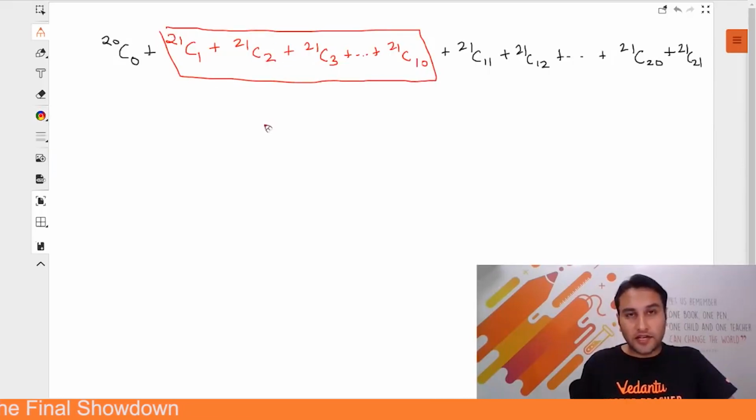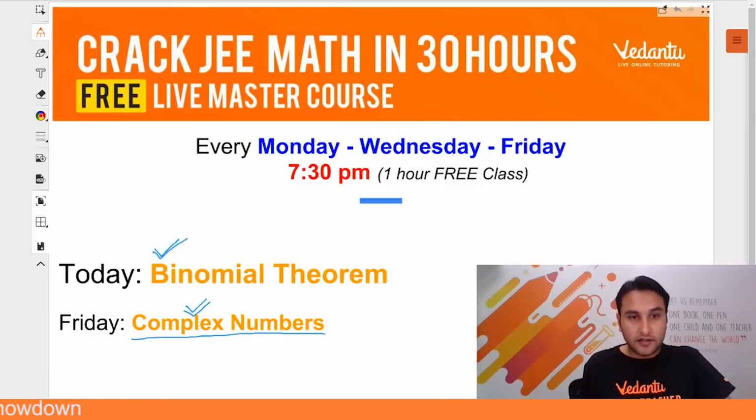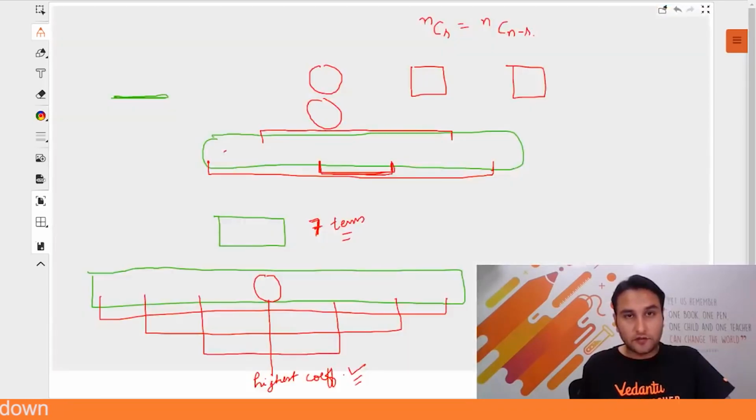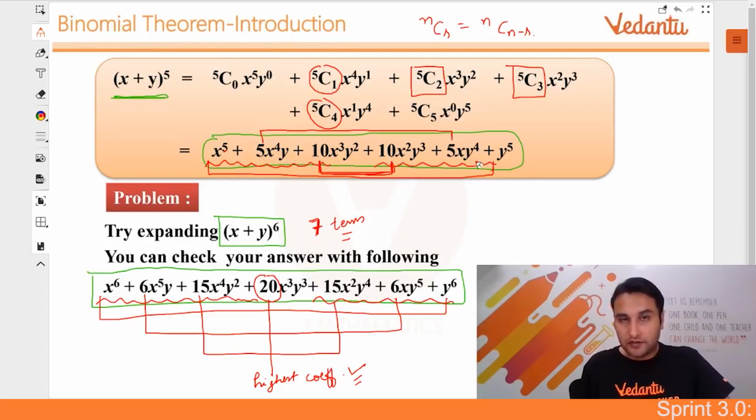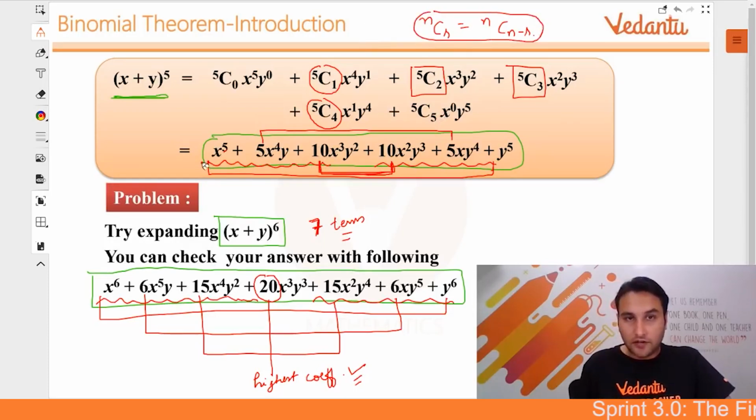But do you also realize, as I did in the initial slide, if you focus on my initial slide here, did I tell you, देखना ध्यान से, focus here, that all the terms repeat. If you see carefully, the coefficients still here and the coefficients still here, they repeat. Look at this, 1, 5, 10, 10, 5, 1, they repeat because NCR is equal to NCN minus R. Agree? 1, 5, 10, 10, 5, 1.